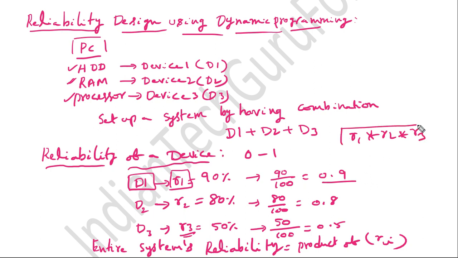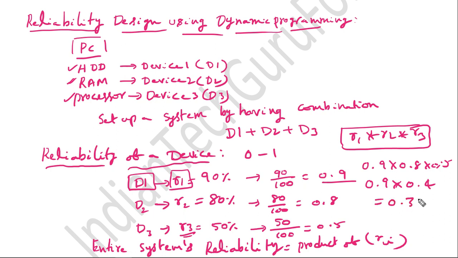This will be the reliability of the entire system. For example, for this particular system, 0.9 into 0.8 into 0.5. 0.9 into 0.8 is 0.72, into 0.5 is equal to 0.36.